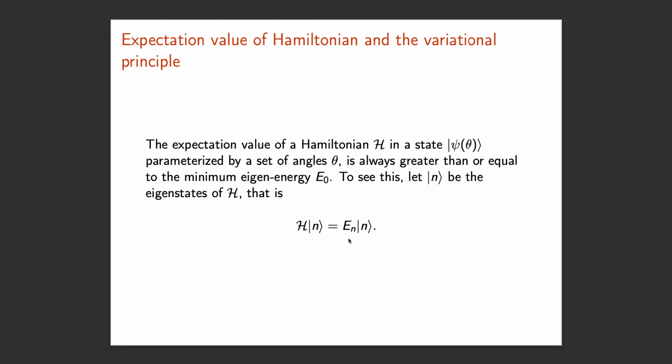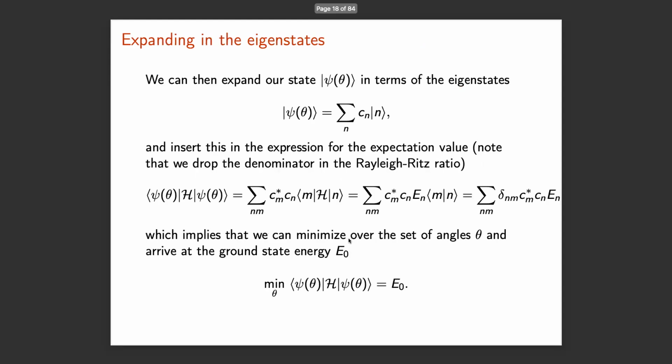If n are the eigenstates, then we know that we can expand the function defined by these parameters in terms of the orthonormal basis which we have defined. And that means that the calculation of this quantity is simply given by the standard expansion, which you have probably seen many, many times. And this applies to any kind of linear expansion.